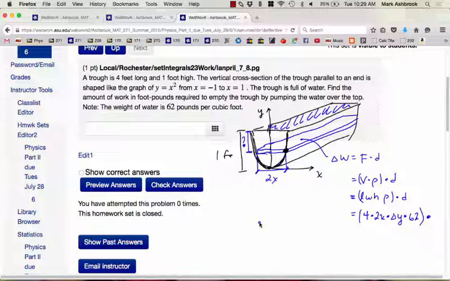Why? Because y is the vertical distance from the x-axis to our point. So y is right here. This whole height is 1, so 1 minus y is the distance this needs to get out to the top. Make sense?